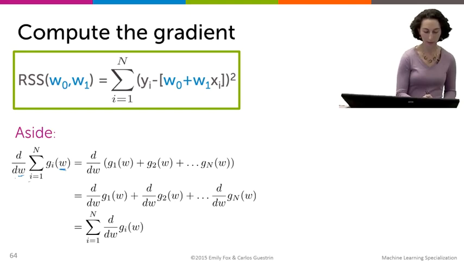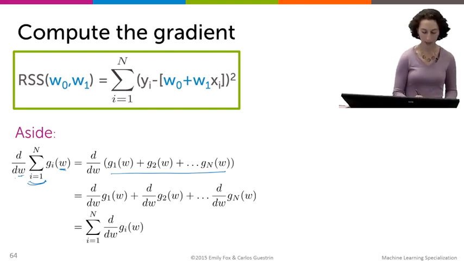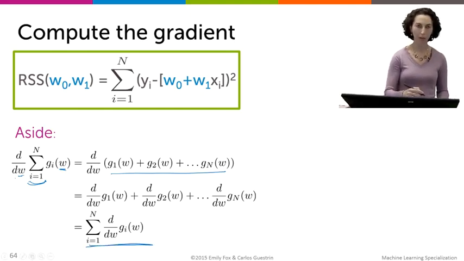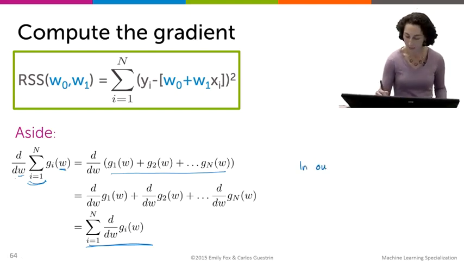This sigma notation is just shorthand for this full sum over the n terms, so n different functions, g1 to gn. The derivative distributes across the sum, and we can rewrite this as the sum of the derivatives. So the derivative of the sum of functions is the same as the sum of the derivatives of the individual functions.